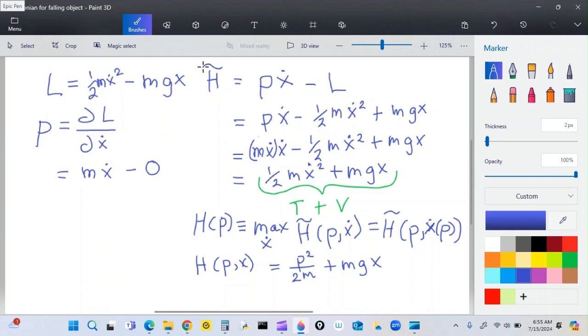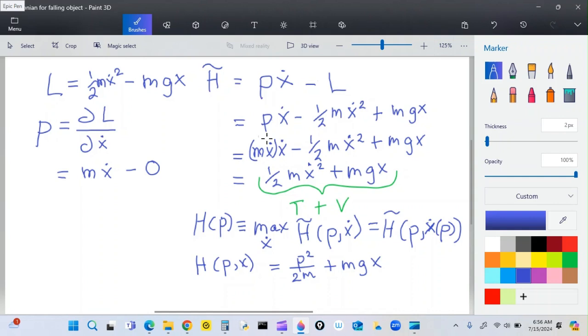Notice I've got that little tilde above the H. That means it's extended. What we want to do is find the simple Hamiltonian. Now let me spread this out. This equals P times x dot, and then I'm going to take the Lagrangian, which is over here, minus 1/2 m x dot squared plus mgx.